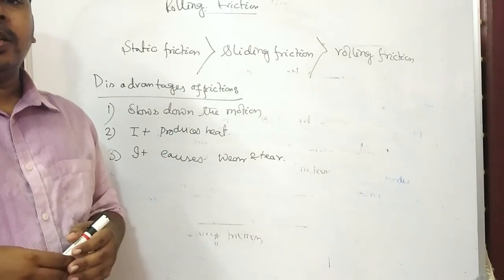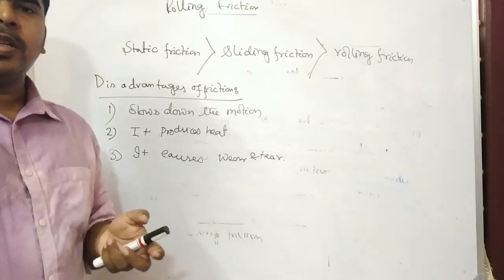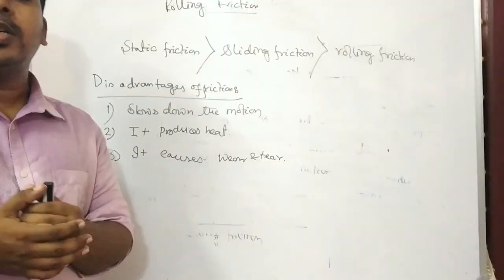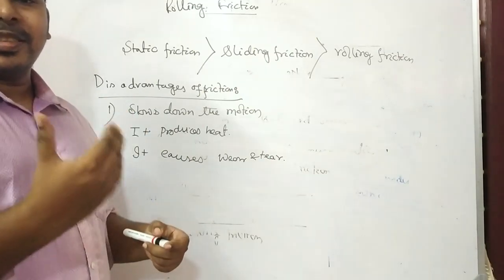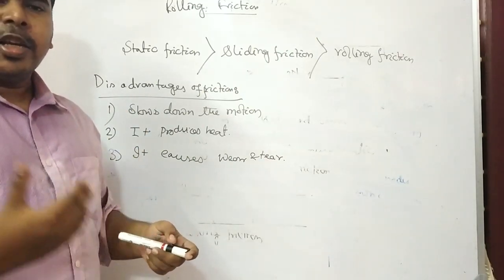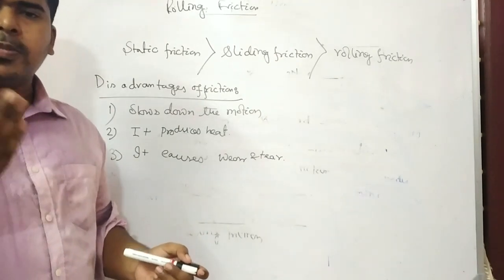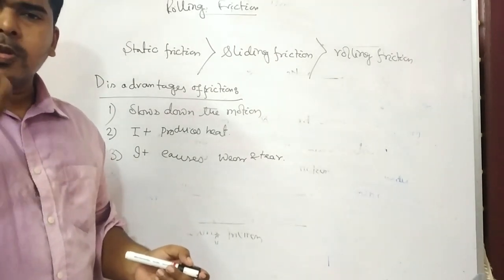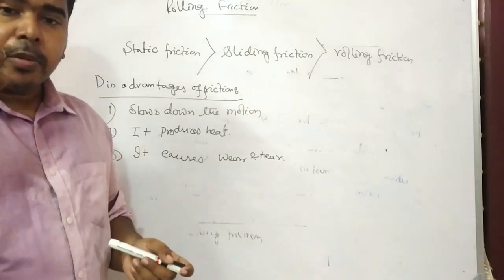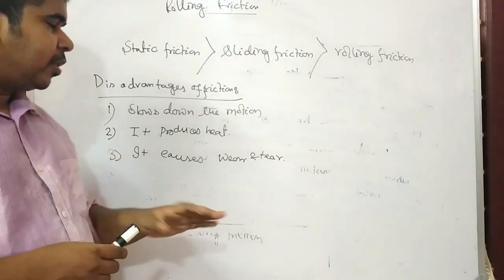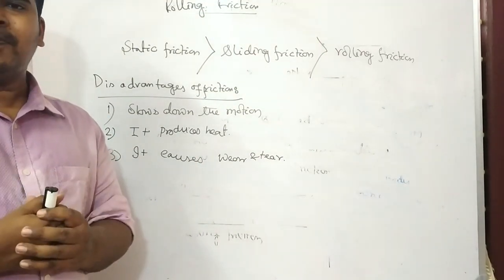That's why, if I am talking about the instruments used in a machine, they become worn. If I am talking about the simple tire of a bus, a car, or a bike, if you use it for many days, you see the thickness of the tire decreases, it becomes smoother, then leakage will come, and many more problems will come. So due to friction, this wear and tear occurs, right?